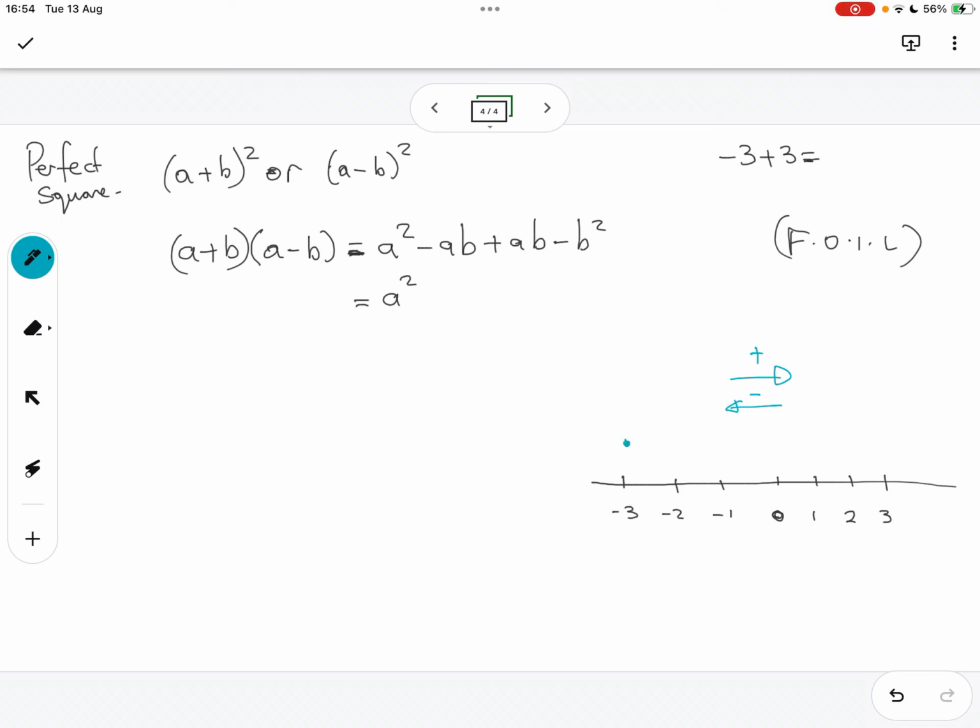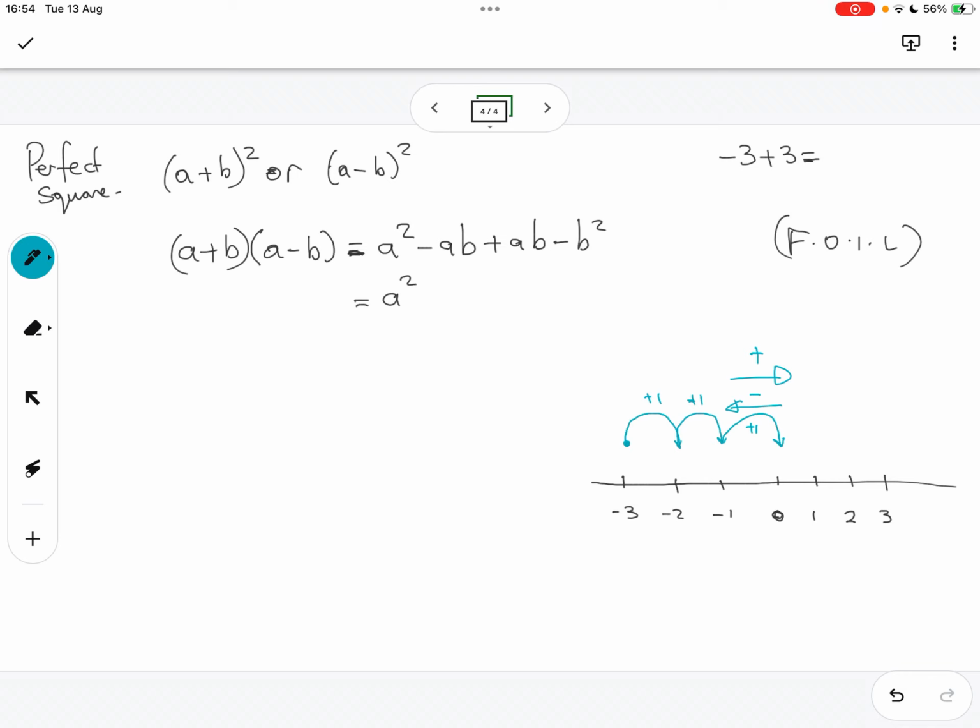So if we're at negative 3 and then we're adding 3, we're going to add how many times? 3 times. 1, 2, and 3. And where do we land? -1. I mean 0.